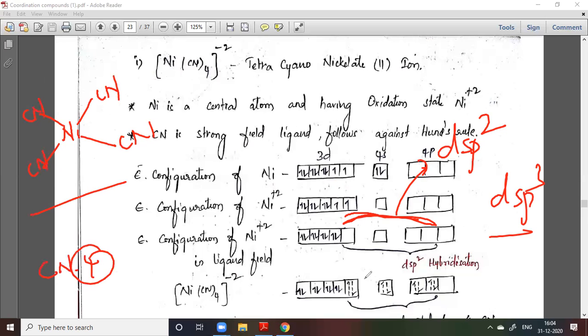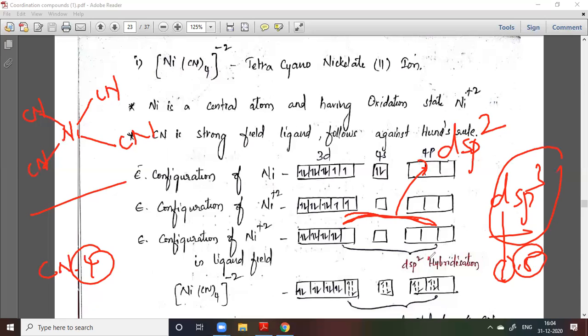Four ligands means 4 vacant orbitals are needed, not 5. If you calculate the hybrid orbitals here, d1, s1, p3, totally 5 orbitals are there. We don't need 5 orbitals, we need only 4 orbitals, and not sp3 here.